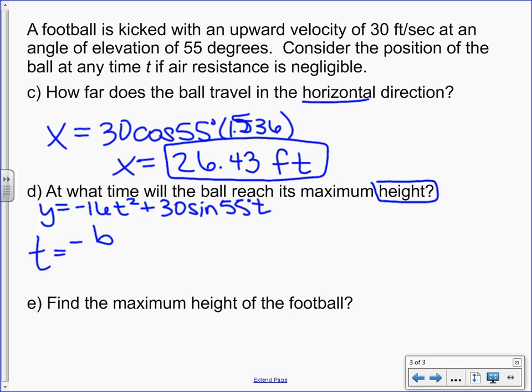The x-coordinate, or in this case our t-coordinate, is -b over 2a. Our vertex is when, we used to think of it as x, but right now it is t, is -b over 2a. Do you sort of remember doing that? Does it look familiar?